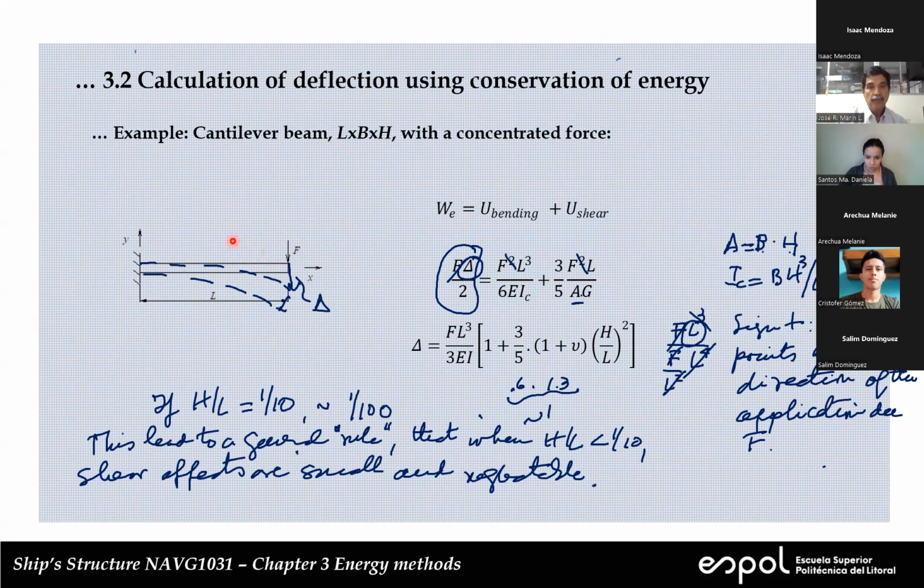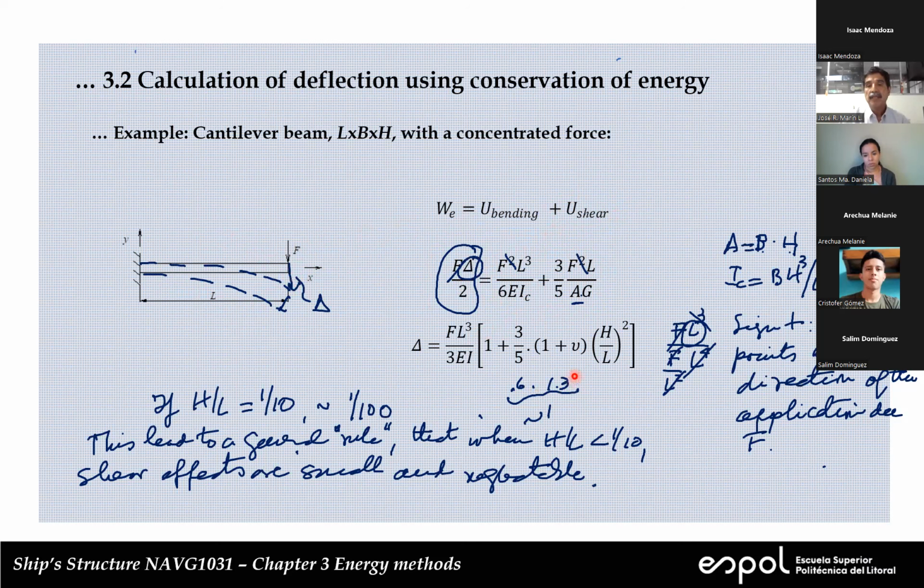Then we deduced an expression for the shear force, replaced it in the expression for the shear stress, integrated that all along the beam, and obtained this expression here. So now this work has been transformed into this internal energy, and from here we can get the displacement of the end point of the beam.